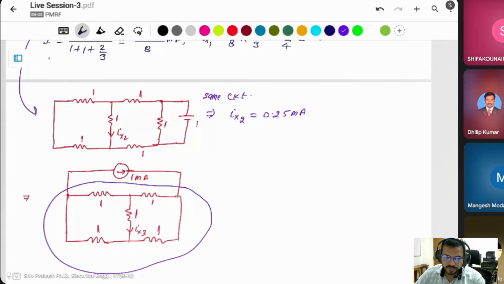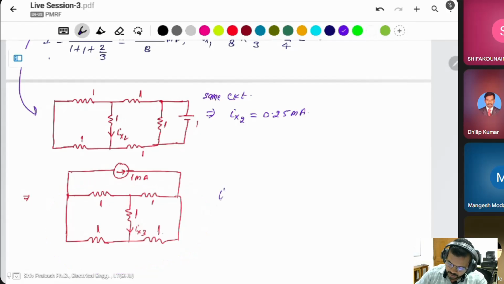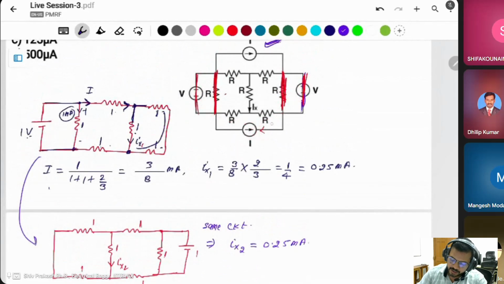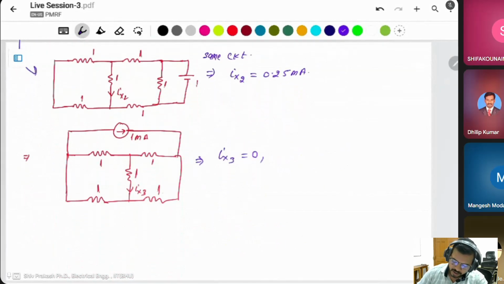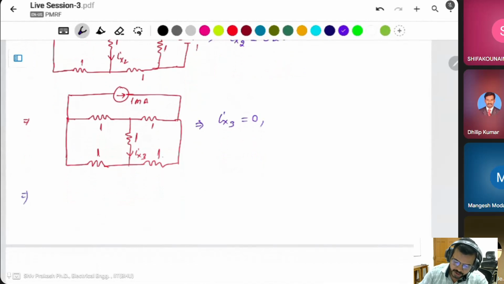Wheatstone bridge. So Ix3 is equal to 0. The same thing you apply here. This was removed, this is the same, but the circuit will be the same. Third case, last case.